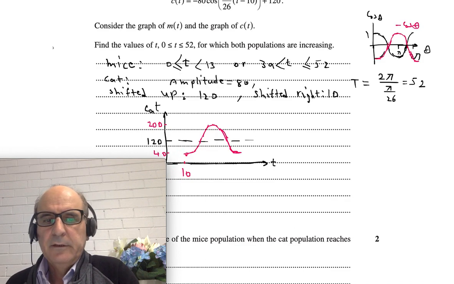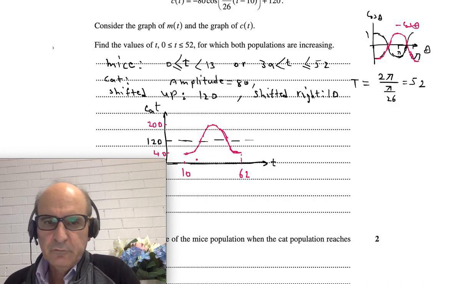And you can extend this. And you know that 52 is my period. I started from here. 10 plus 52 comes as 62. And you know that we divide each period into 4 equal parts, and in each of them something important happens.